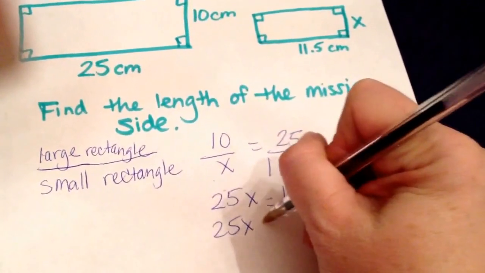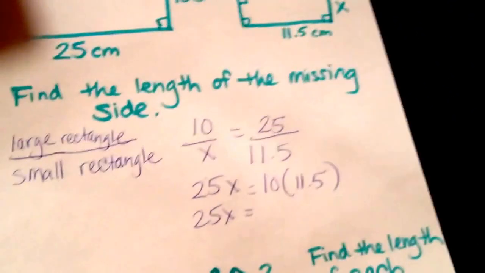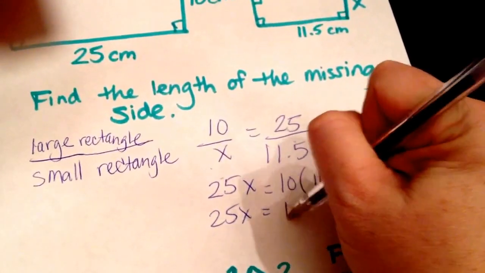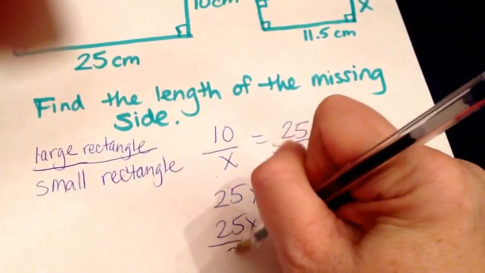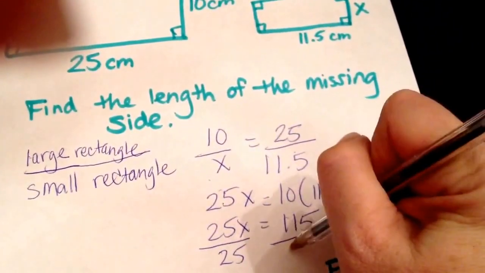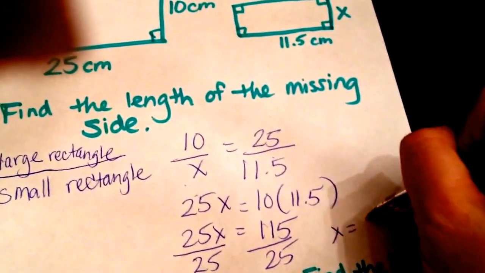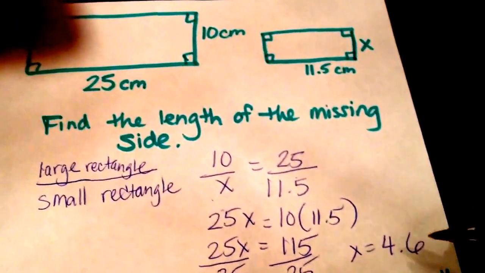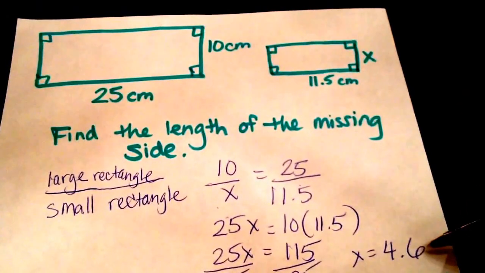We're solving just as any equation. 10 times 11.5 would be 115. And then we divide by 25, and we actually are going to get 4.6, which means that one side, the x, is equal to 4.6.